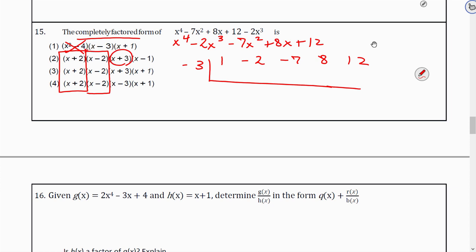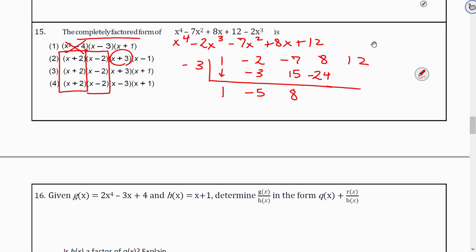Okay, bring the 1 down. Negative 3 times 1 is negative 3. If I add down, then I get negative 5. Negative 3 times negative 5 is positive 15. If I add these, then I get 8. Negative 3 times 8 is negative 24.